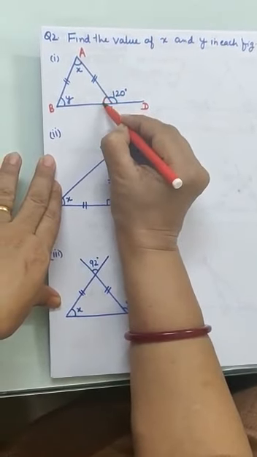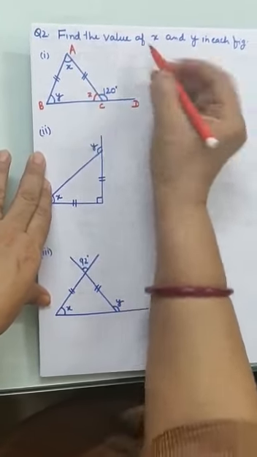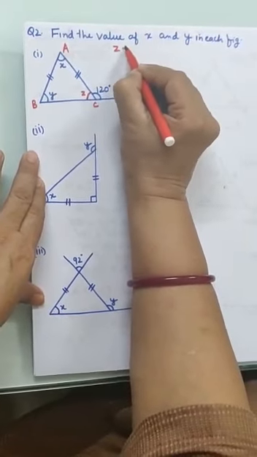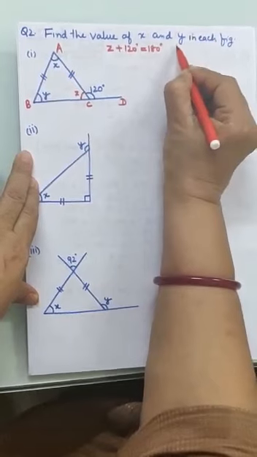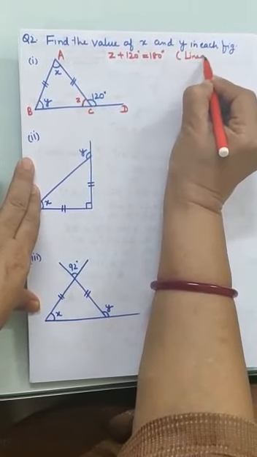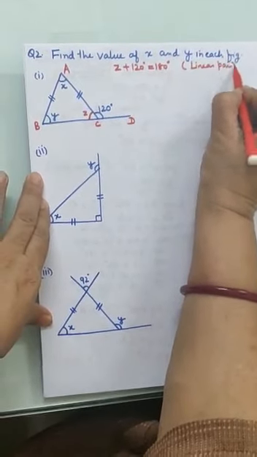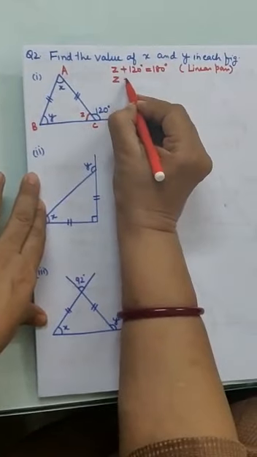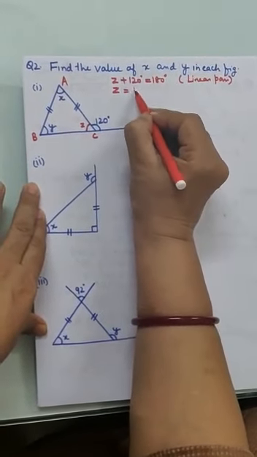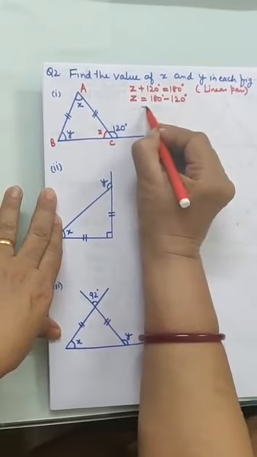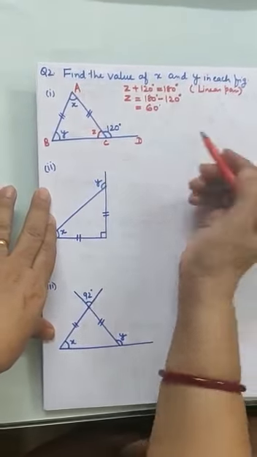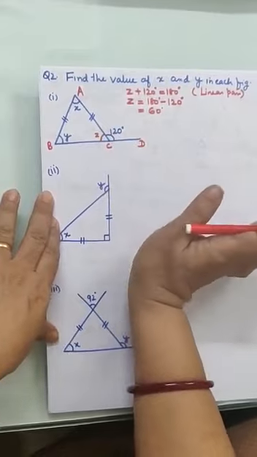We can find this angle. Let us name this as Z. So Z plus 120 degrees equal to 180 degrees. That is forming a linear pair. This is the reason. So angle Z is equal to what? 120 shifts this side. It becomes 180 degrees minus 120 degrees, which is equal to 60 degrees. So our angle Z is 60.